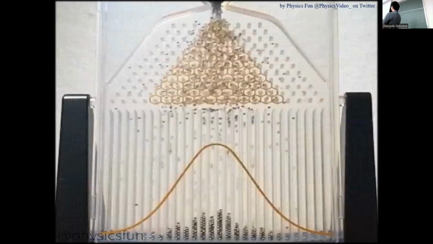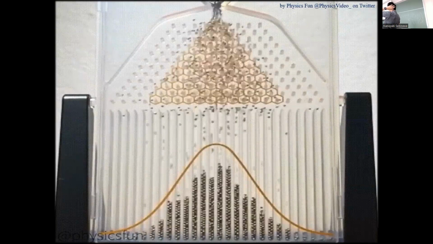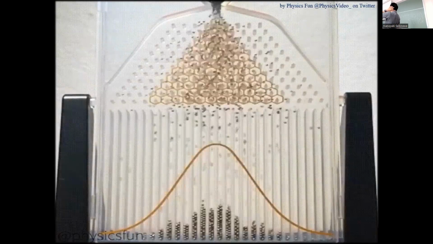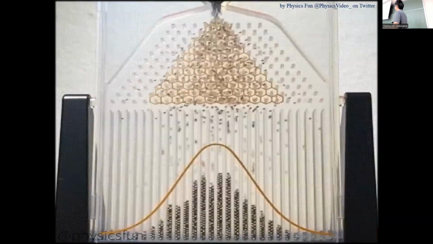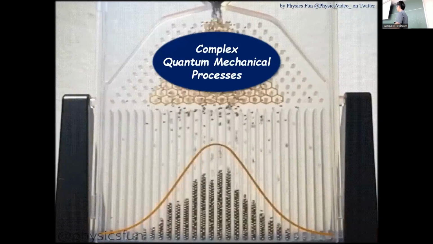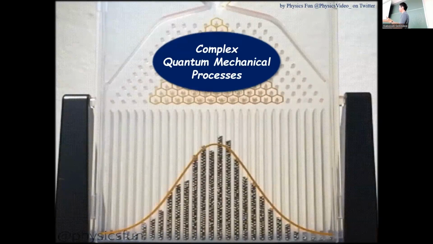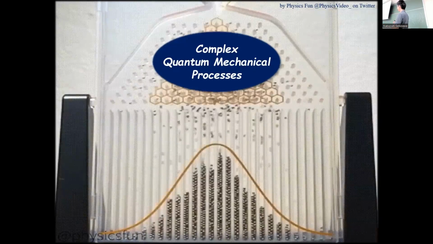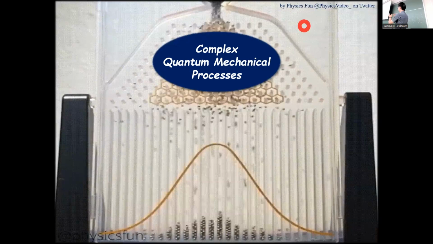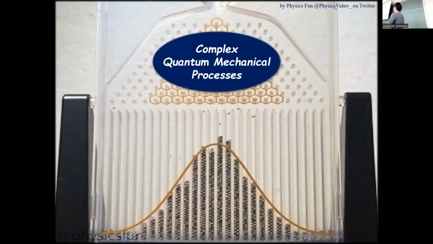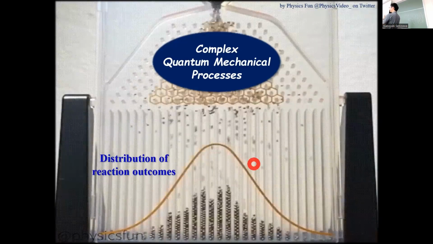Now, I'd like to explain what kind of quantities can be described within TDHF or TDDFT. Assume that you collide two nuclei. Of course, those nuclei are quantum mechanical objects with internal degrees of freedom, and very complex quantum mechanical processes take place during the time evolution. But after the reaction, at the end of the day, you will get some reaction outcomes.